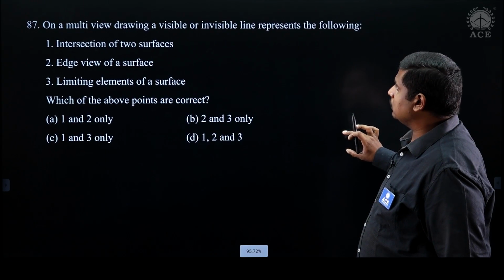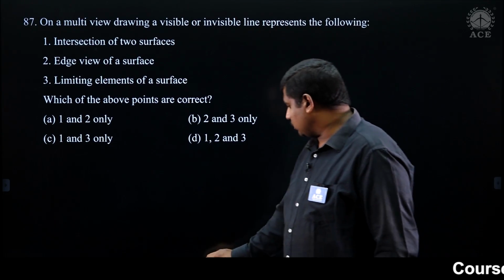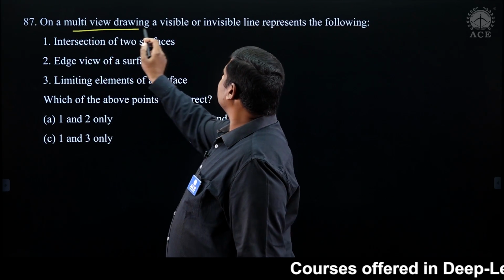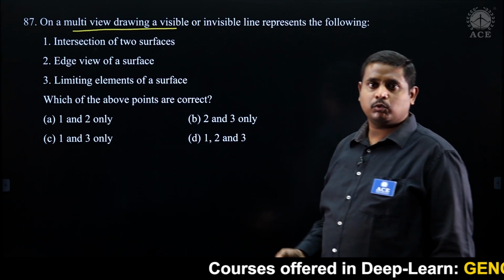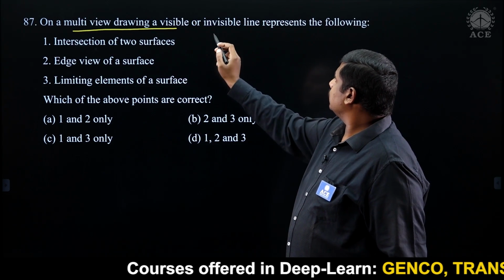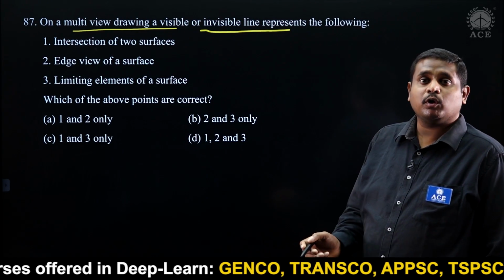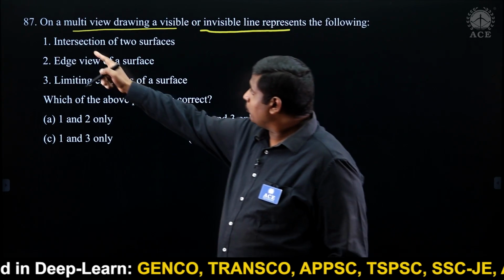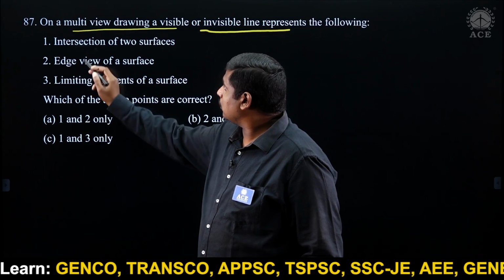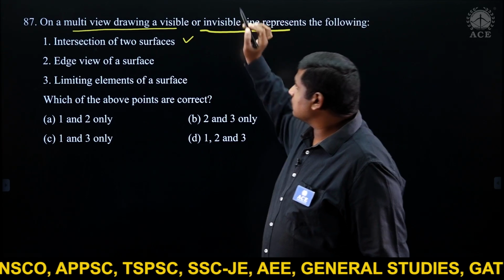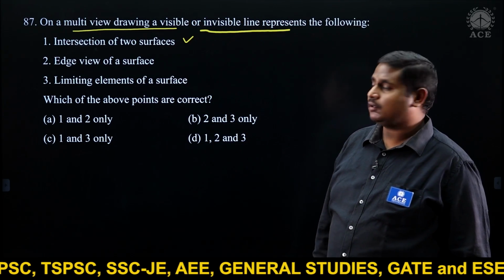Next question. On a multi-view drawing, multi-view being nothing but more than one view, my dears, a visible or invisible line represents the following. What are the following things? First one is intersection of two surfaces. Yes, it is acceptable.